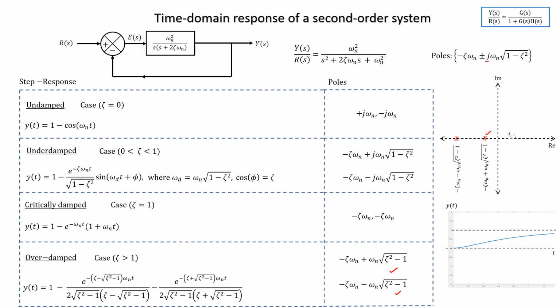and as a result you will get these two terms as the location of the closed loop poles. So, what we have seen is that for different locations of the closed loop poles, the response also changes. If I have to summarize, what did we see? If your closed loop poles are on the purely imaginary axis, then the closed loop system is undamped. That means the output will always have oscillations in it. If the closed loop poles are complex, so basically they have a real part as well as a non-zero imaginary part, then the system is underdamped.